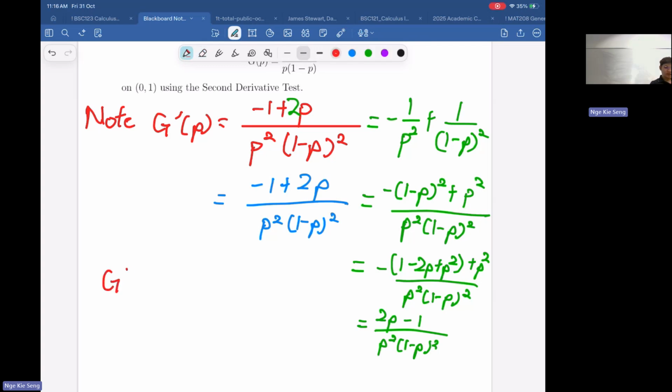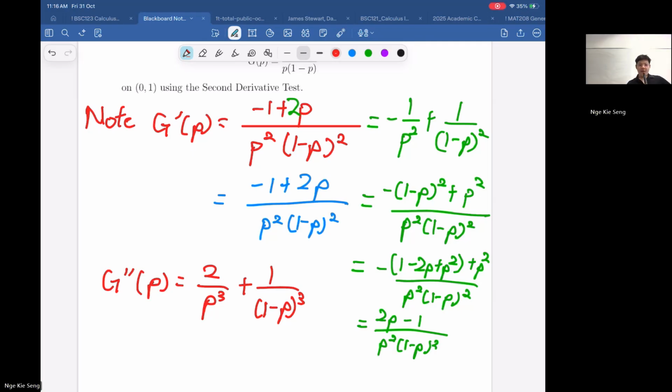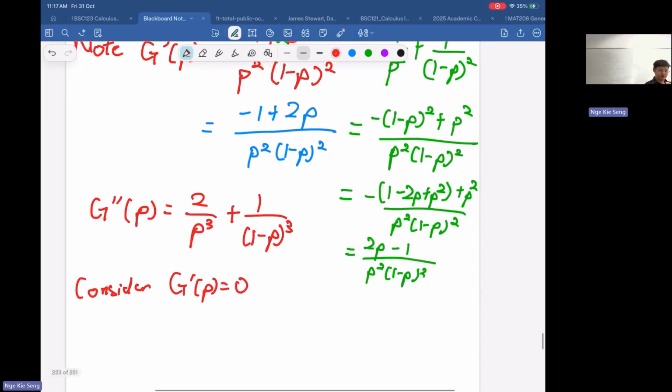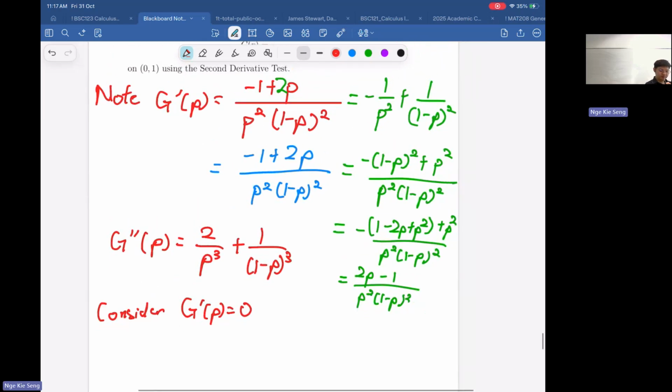How about the next one, the second derivative? I'll write down mine: 2 over p cubed plus 1 over (1 minus p) cubed. I'll leave it in this form because it's easier to calculate. We need to find the stationary point for G, which amounts to saying that G prime is 0.